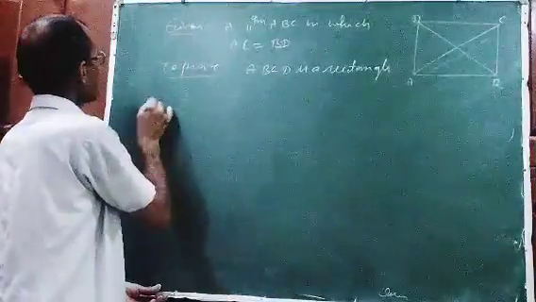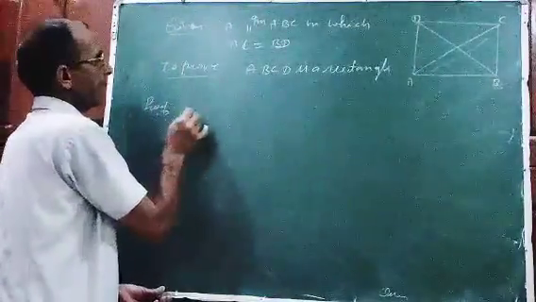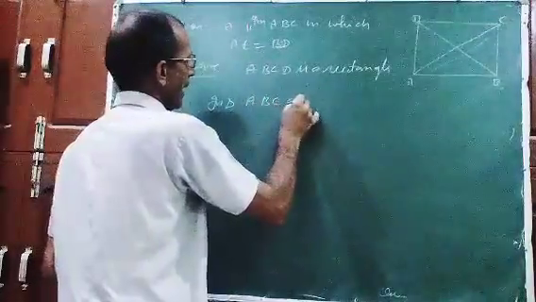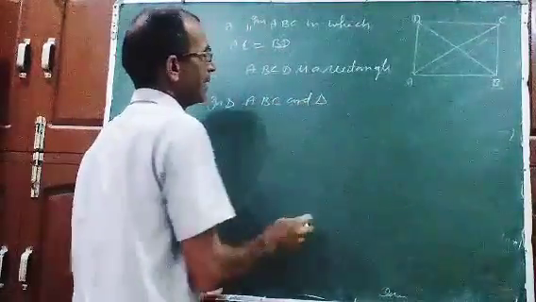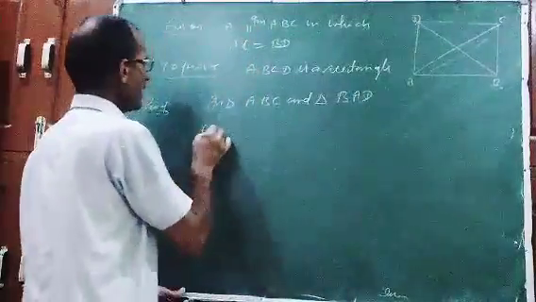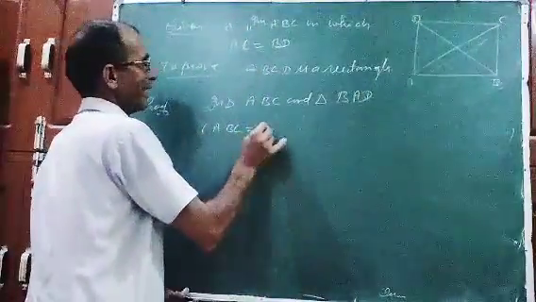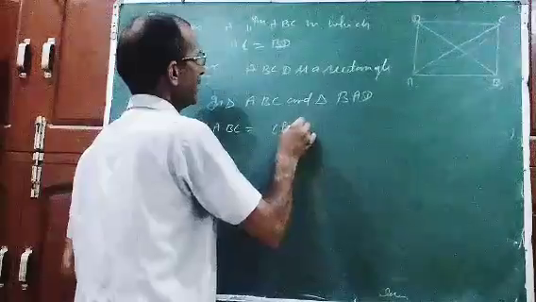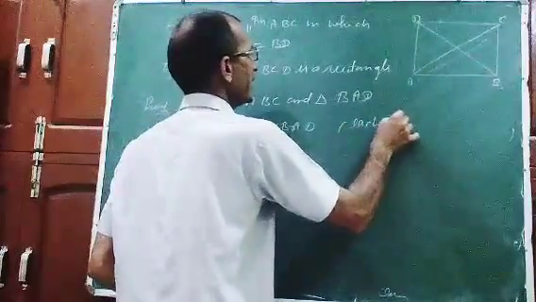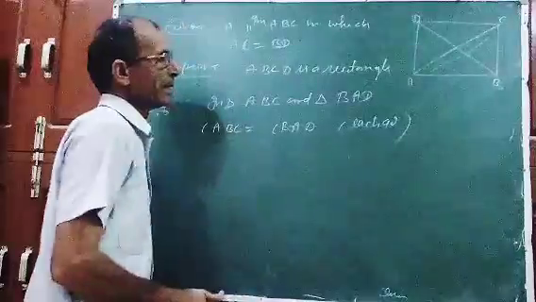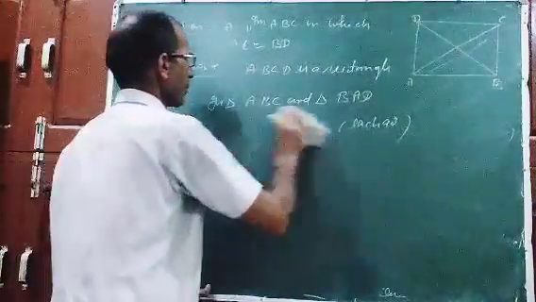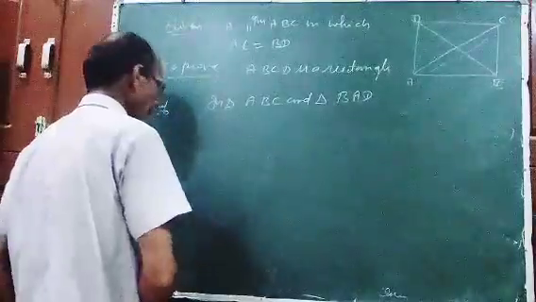Proof: in triangle ABC and triangle BAD, angle ABC is equal to angle BAD. Sorry, this is not 90, because this is a parallelogram.